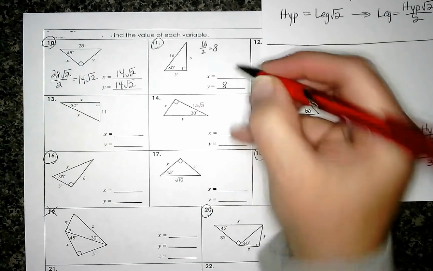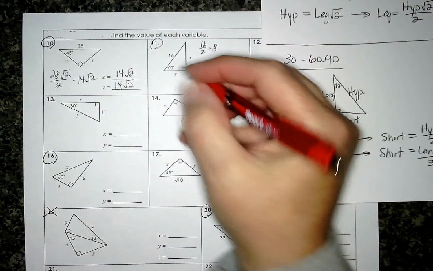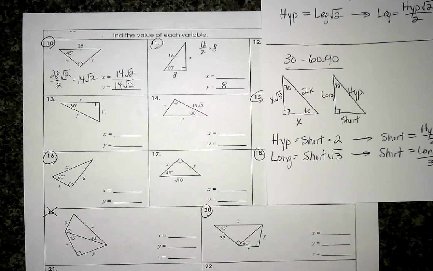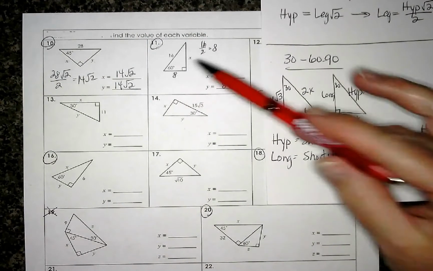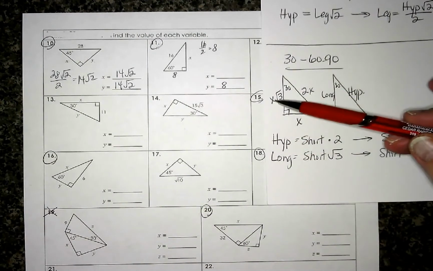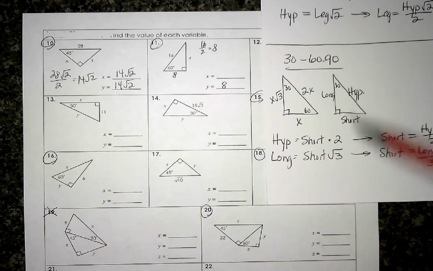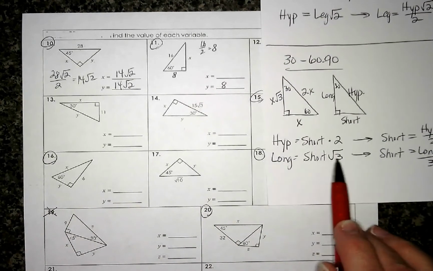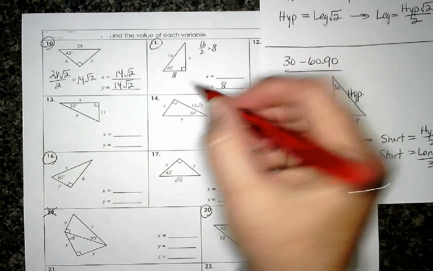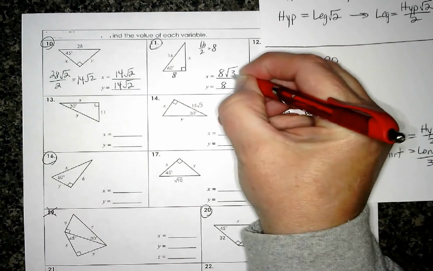Short is the y, so that makes this one 8. The long leg, which is represented by x, is the short times the square root of 3. Or you can look down here: the long leg equals the short times square root of 3. The short is 8, so 8 square root of 3.